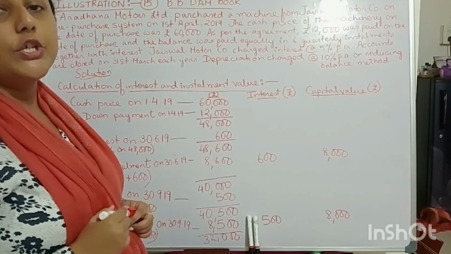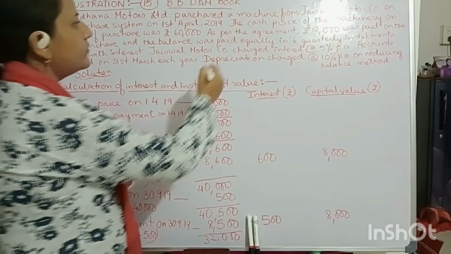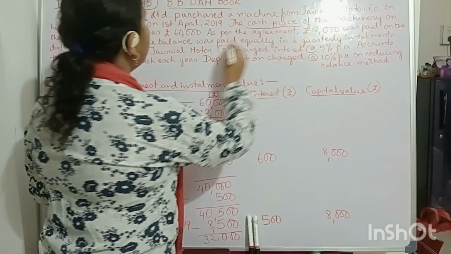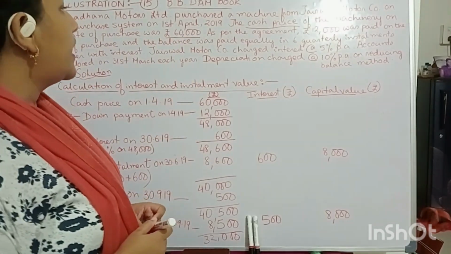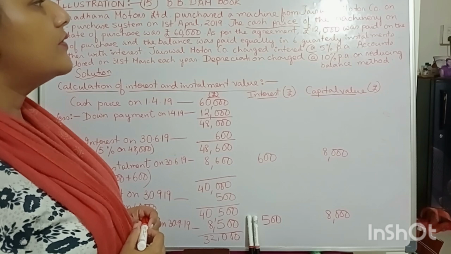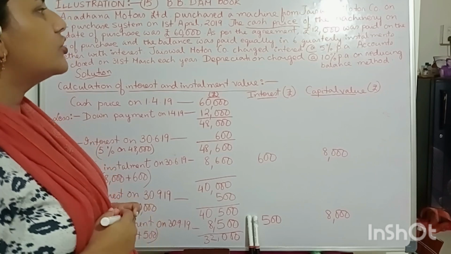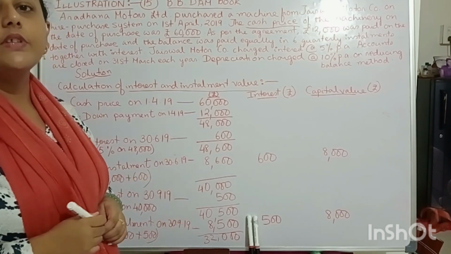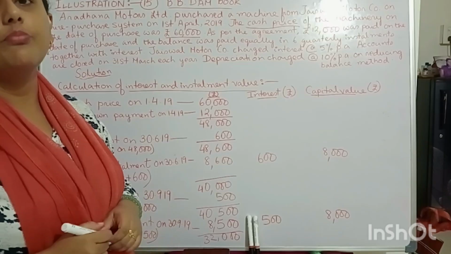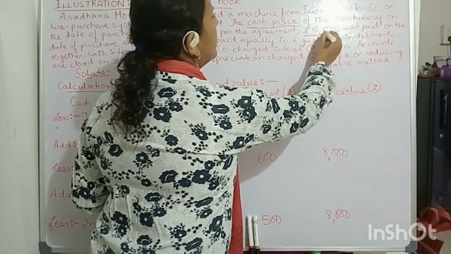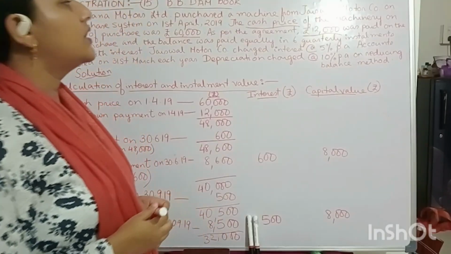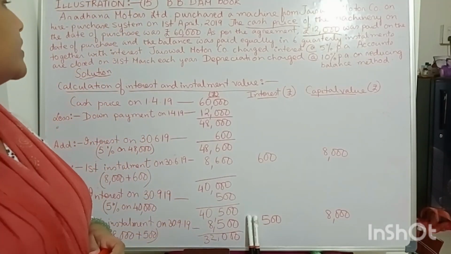So what is the cash price given? The cash price is rupees 60,000. As per the agreement, rupees 12,000 was paid on the date of purchase. So 12,000 is the amount of down payment.